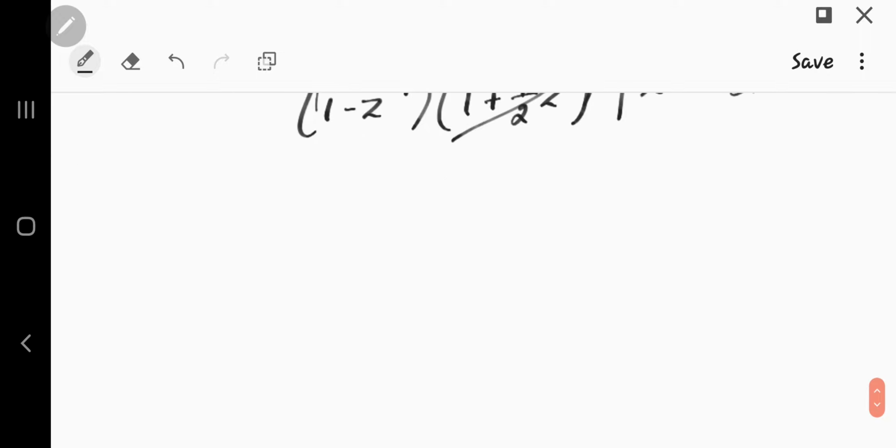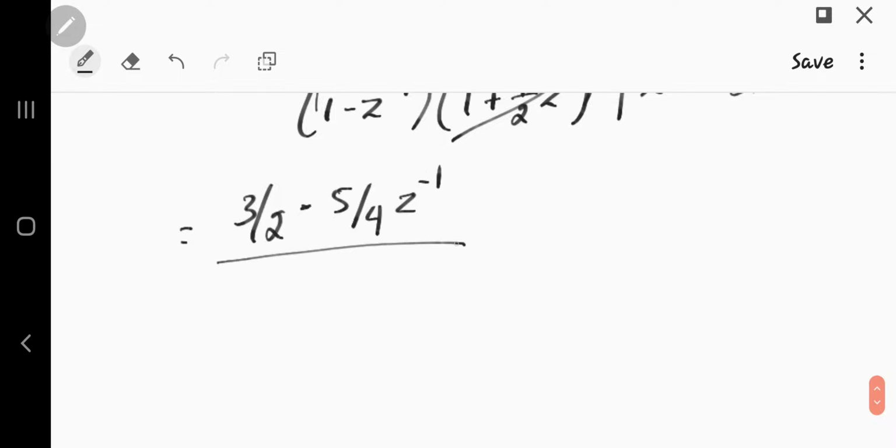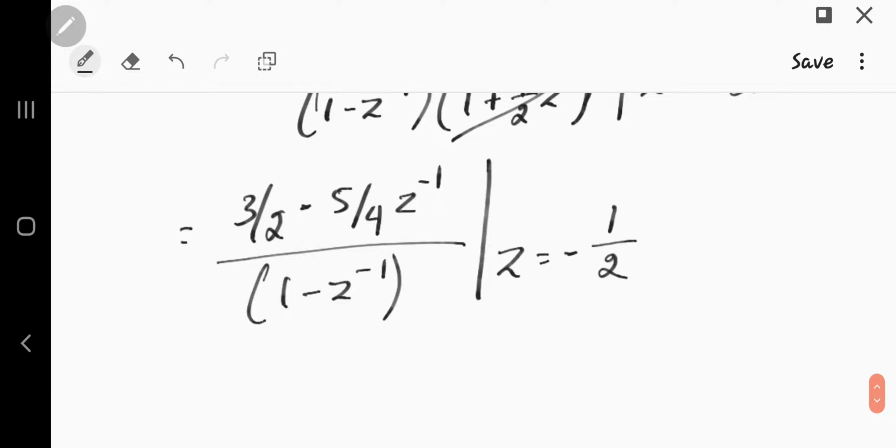Now these two get cancelled. So we remain with 3 by 2 minus 5 by 4 z inverse over 1 minus z inverse, where z takes the value minus 1 by 2.